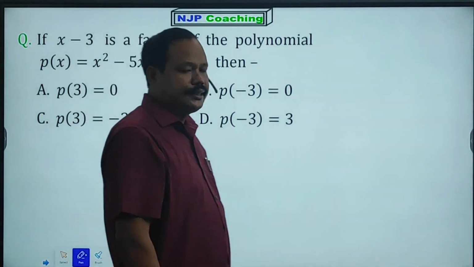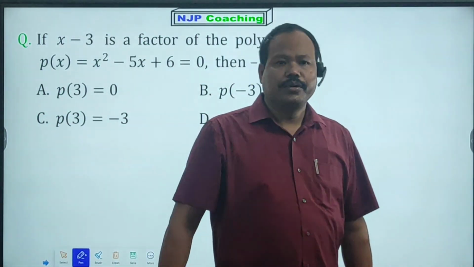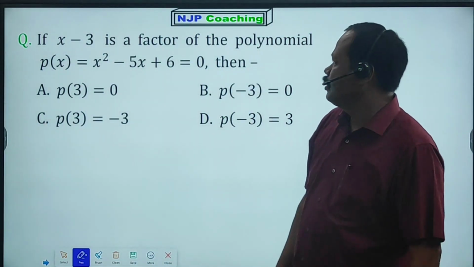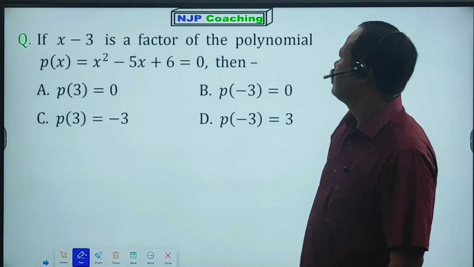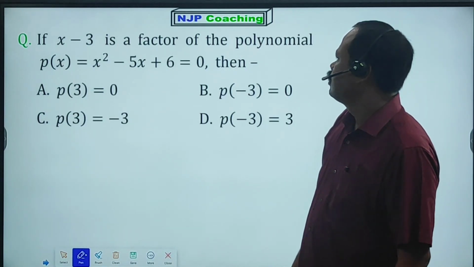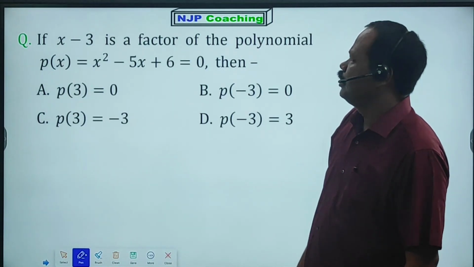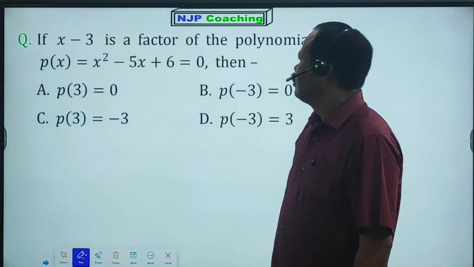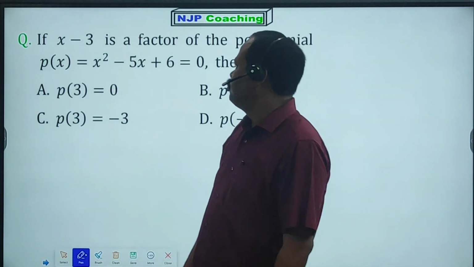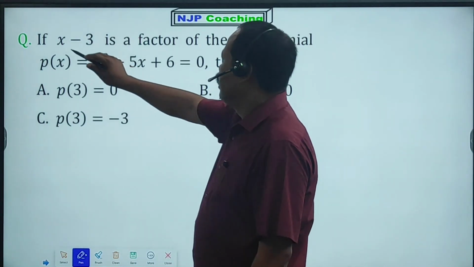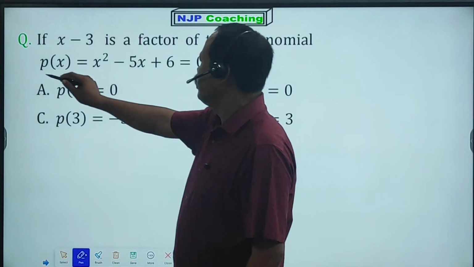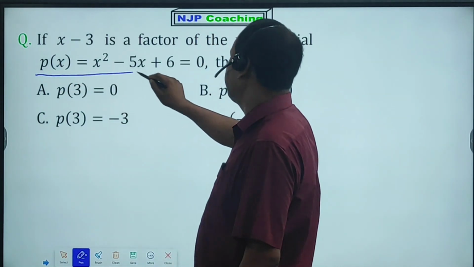One polynomial is given. The polynomial is x square minus 5x plus 6. If x minus 3 is a factor of the polynomial, then, okay, there is a printing mistake. x minus 3 is a factor of the polynomial P(x) equal to x square minus 5x plus 6.